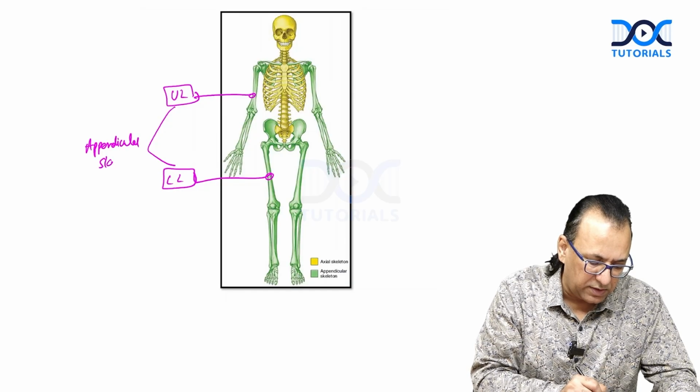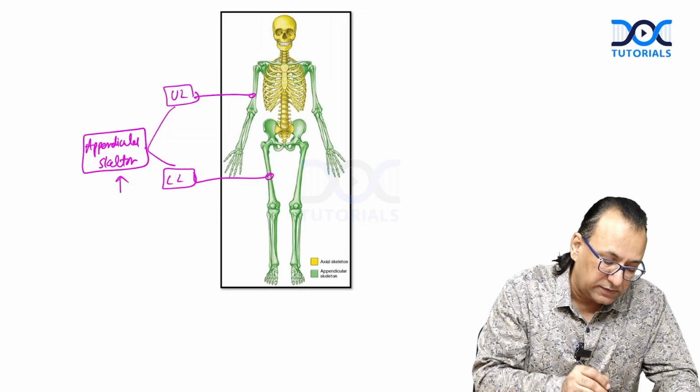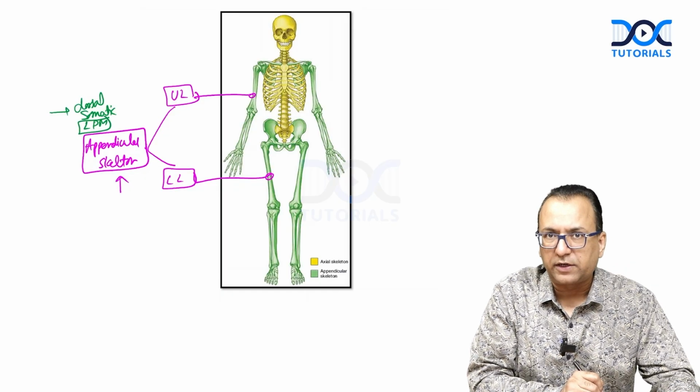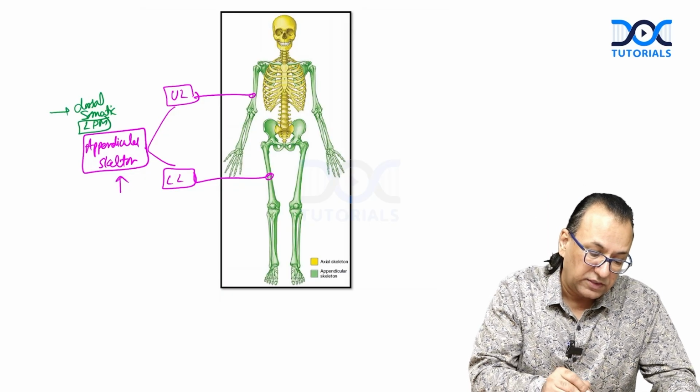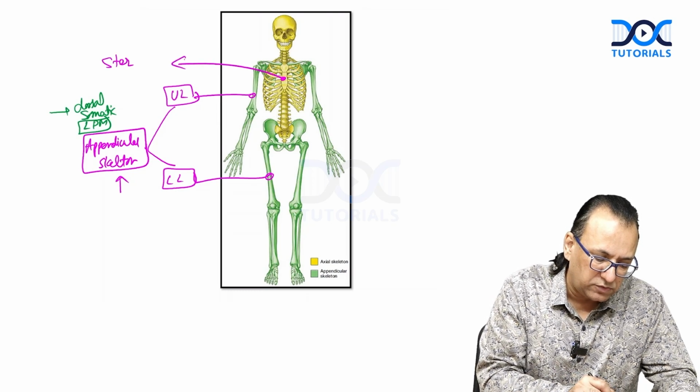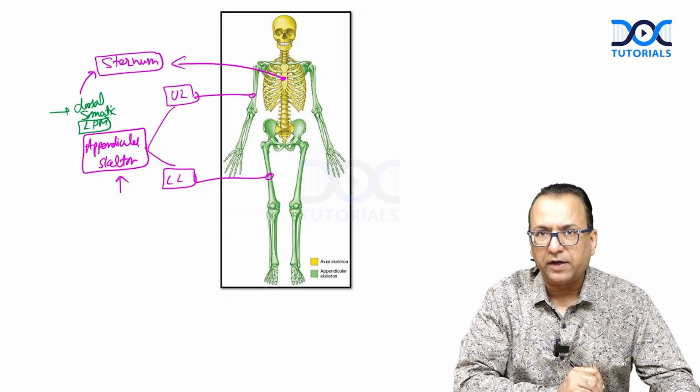This appendicular skeleton comes from the dorsal somatic lateral plate mesoderm, which also gives us the sternum.